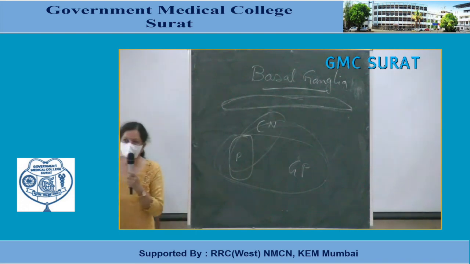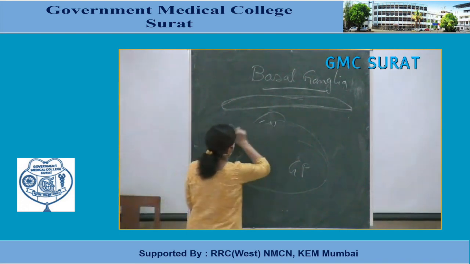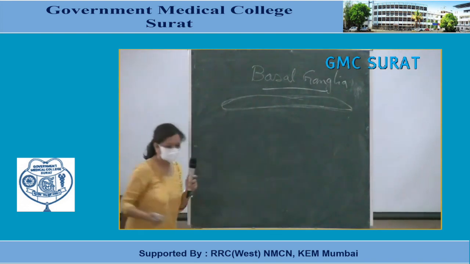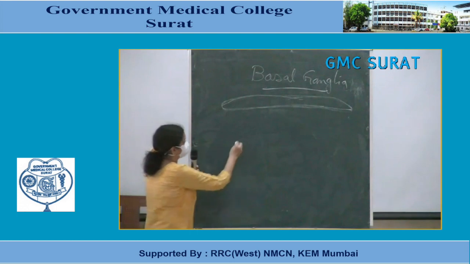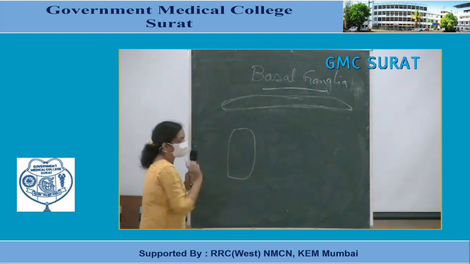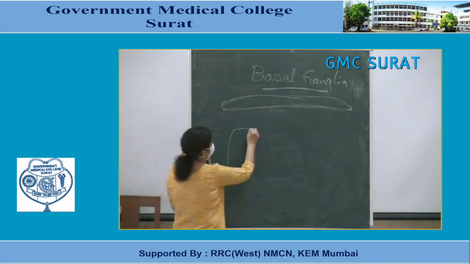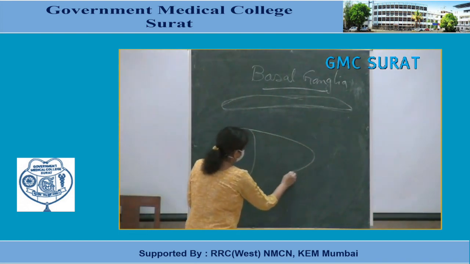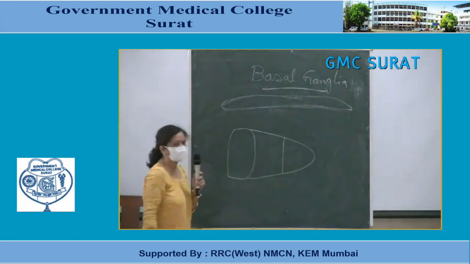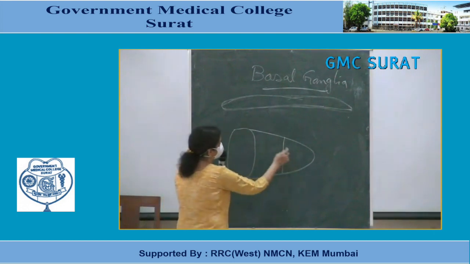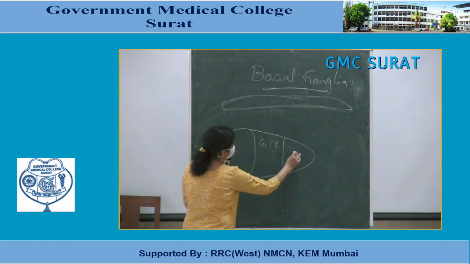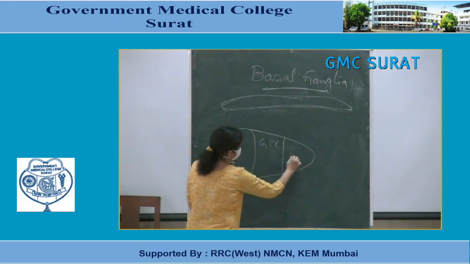Now, let us see the connections. We will draw this as the striatum, that is putamen and caudate nucleus. Then globus pallidus has two components: one is the external, globus pallidus externus, and this is globus pallidus internus.